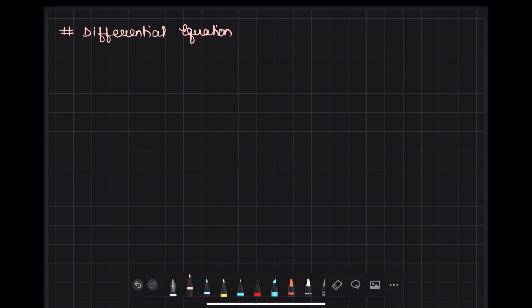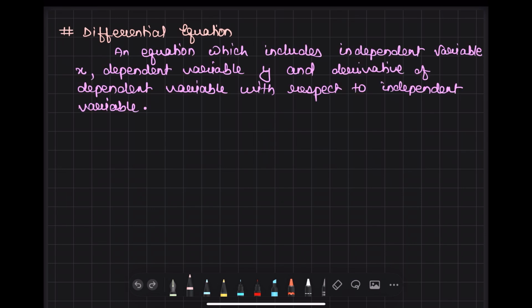So now let's jump into the chapter. First we will try to understand what a differential equation is. This is the definition: an equation which includes the independent variable x. Do you remember that we used to write a function f of x equal to something in x?